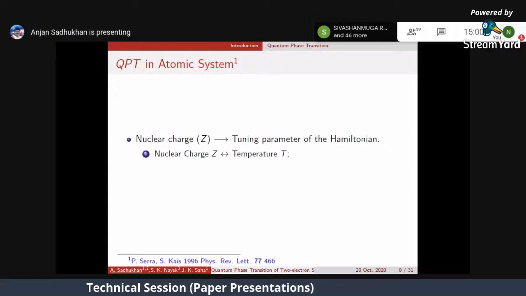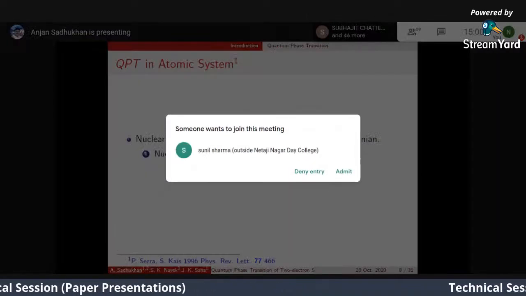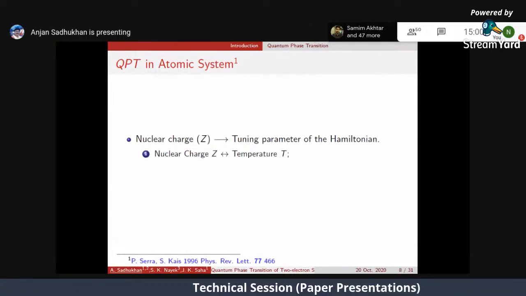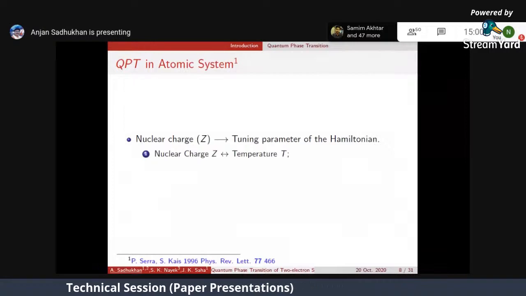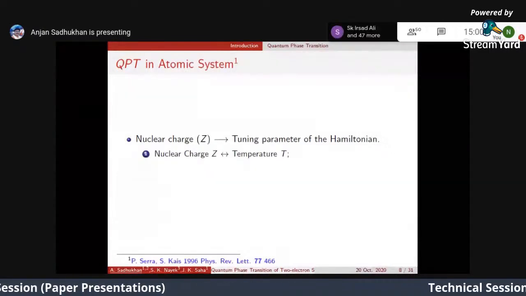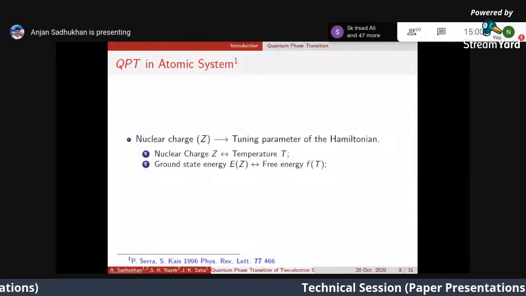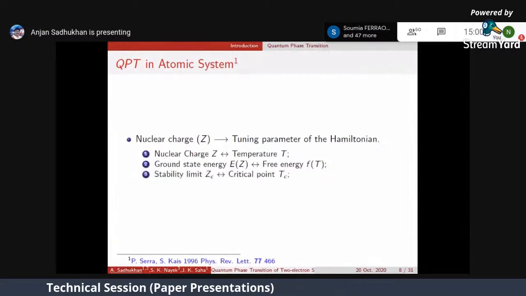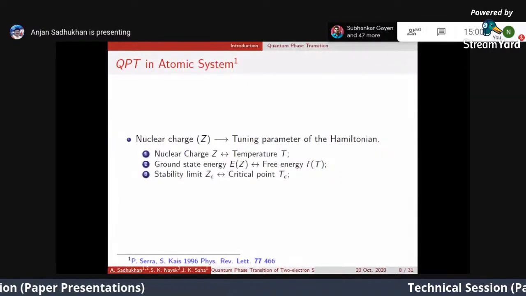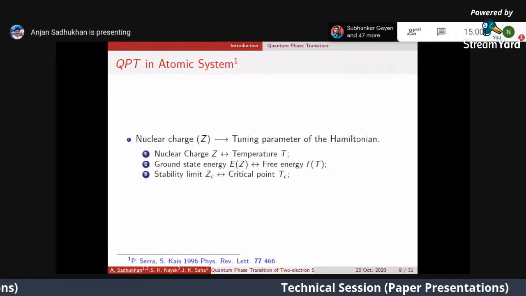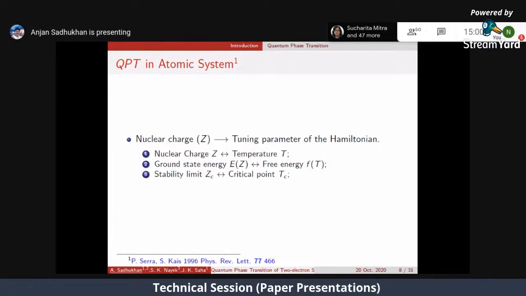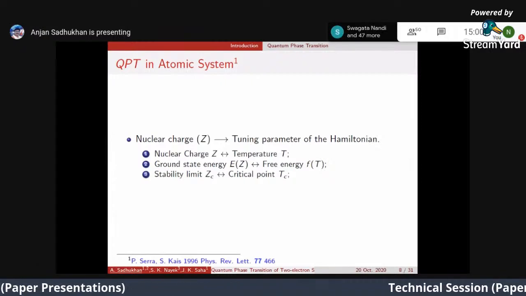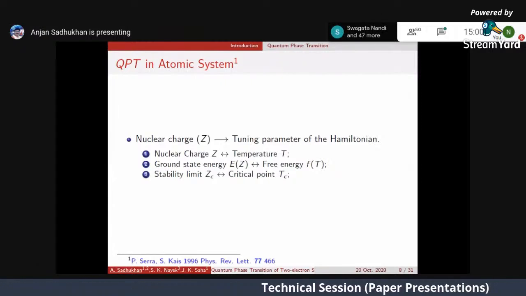Moreover, they proposed a complete mapping between the critical phenomena of the quantum domain and the statistical domain of phase transition, where the nuclear charge plays the role of temperature, and the ground state energy of the quantum system plays the role of free energy. There also exists a limiting value of Z called the stability limit Zc of the system, as the critical point or critical temperature, as we know in a thermodynamic or statistical system.